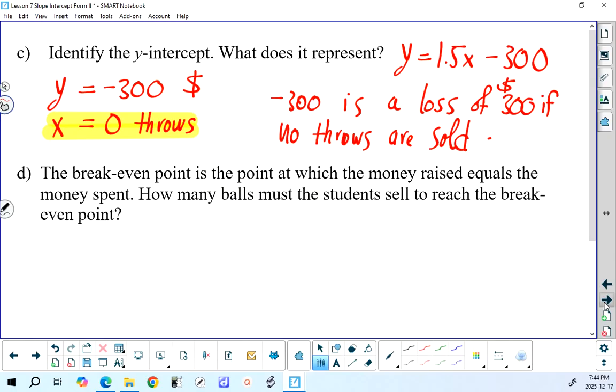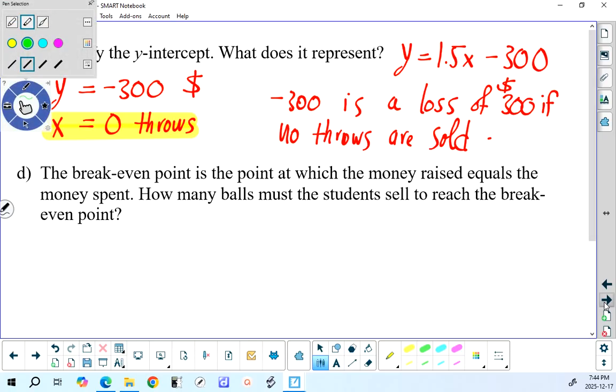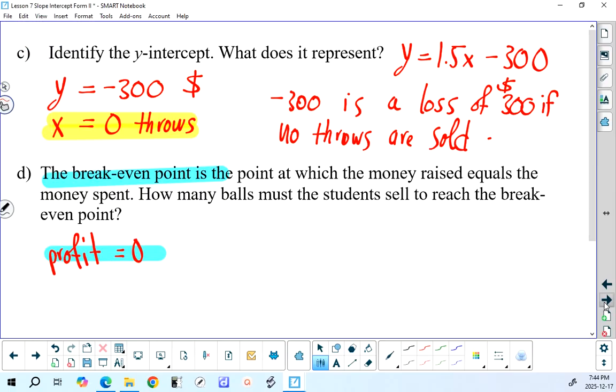D, the break-even point is a point at which money raised equals money spent. In other words, really the break-even point is where the profit is equal to nothing. The profit is not positive. I mean, the Students' Union wants a positive profit.